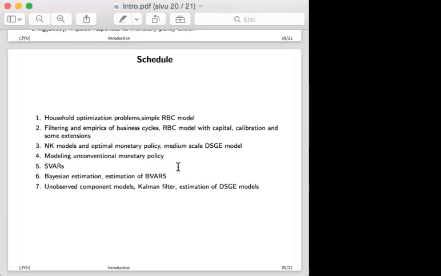Then there will be estimation of Bayesian VARs and the principles of Bayesian estimation. And then for the last part, we study how the Kalman filter is used for unobserved component models, models that contain some unobserved part, and the DSGE model is one such model, and we will also look at how estimation of DSGE models works.